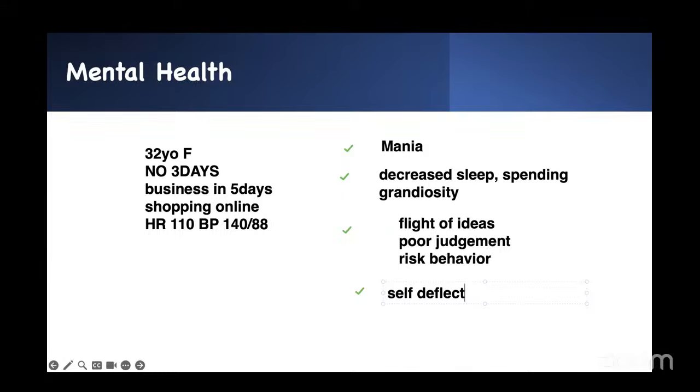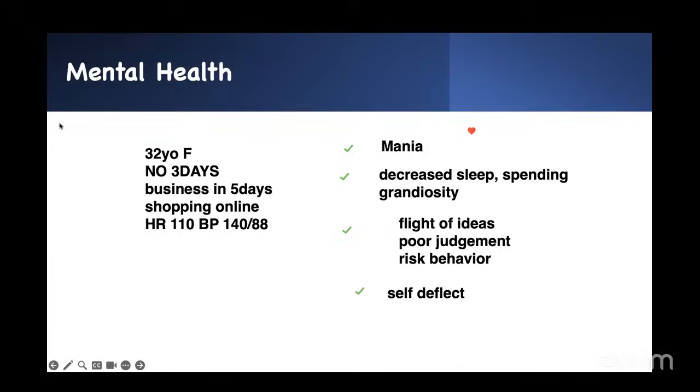So we've diagnosed the patient: 32-year-old, 3 days of no sleeping, wants to start a business in 5 days, been shopping, and we think she is in a manic state with these symptoms you should expect. So what is the NCLEX tip here? Don't forget this.